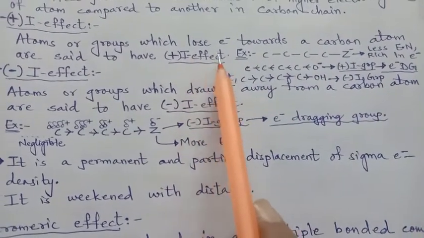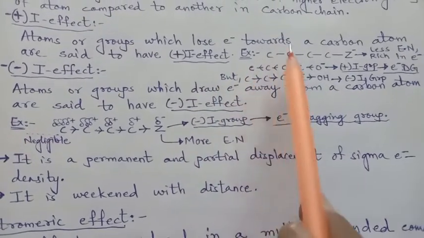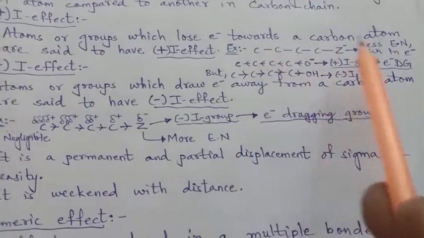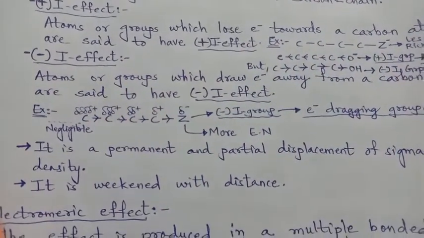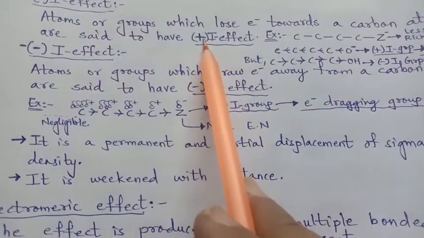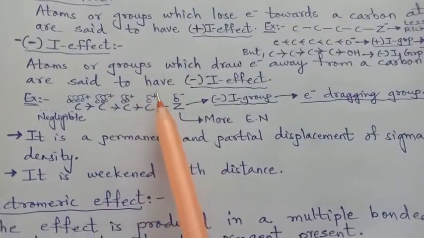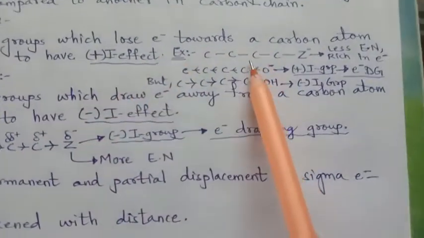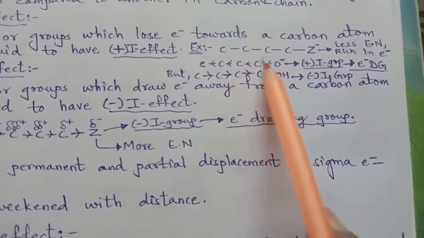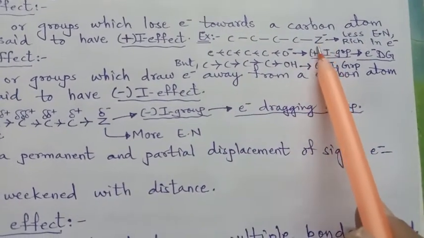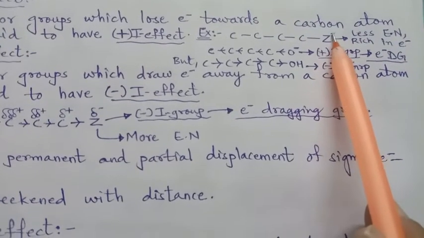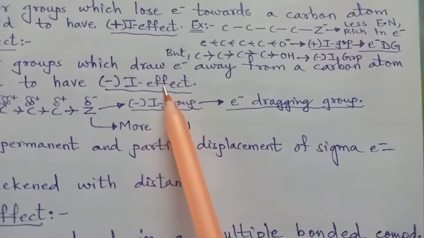So those who are less electronegative, they are having more electrons, they are rich in electrons, so they will give electrons to the carbon chain, and that means carbon is getting more electrons. So plus effect, plus I, right? See here, this is a carbon chain, and this Z is electron rich, right? It is having more electrons.